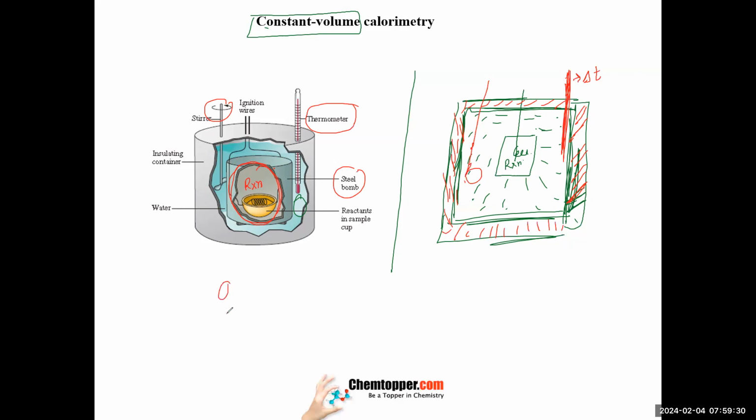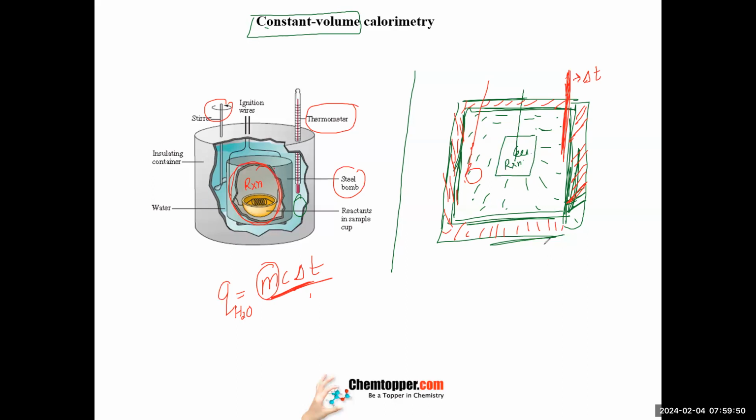I can use this equation, Q of the water equals mc delta T. But there is a problem. What's the problem, children? Can I use this equation? Is something missing? Yeah, what? The mass of water. I don't know. It's a closed container.